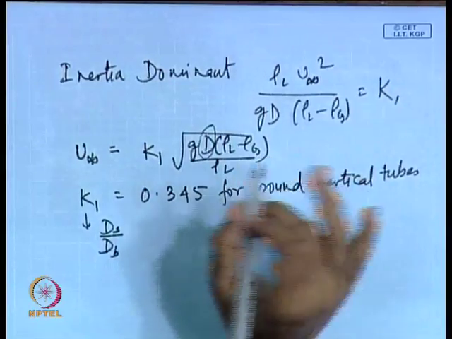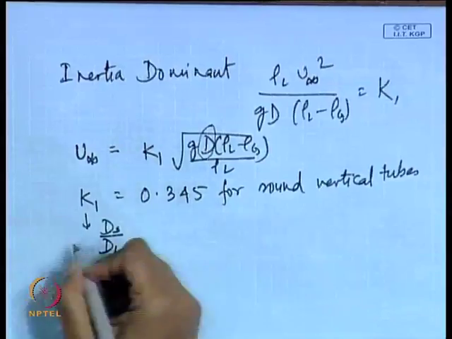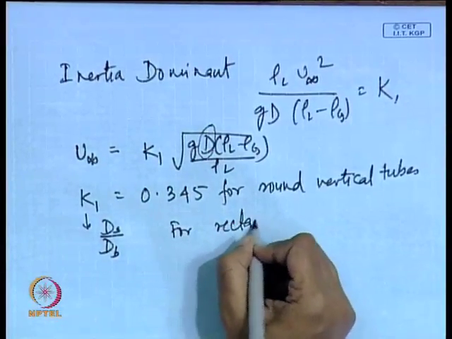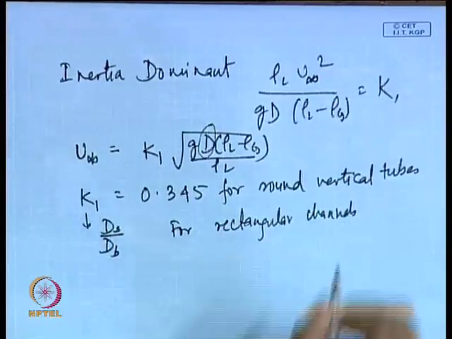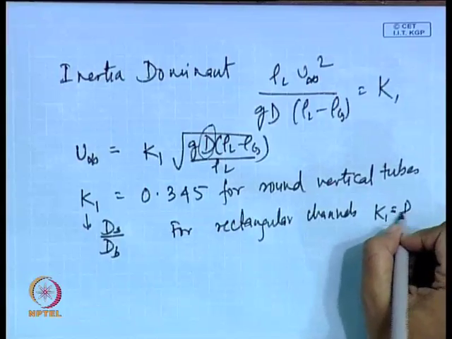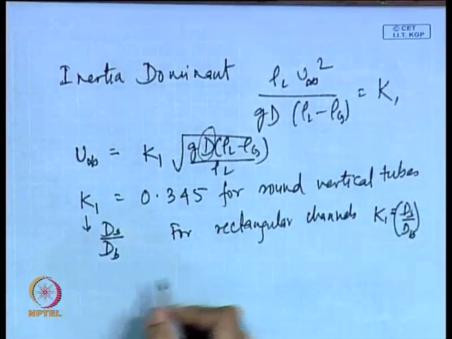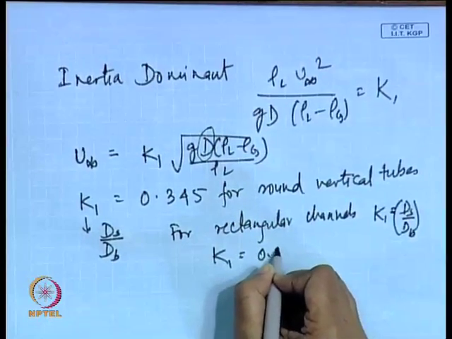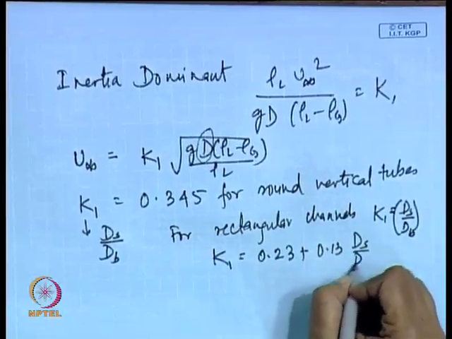For rectangular channels, K1 is a function of ds by dB and can be written as 0.23 plus 0.13 ds by dB.